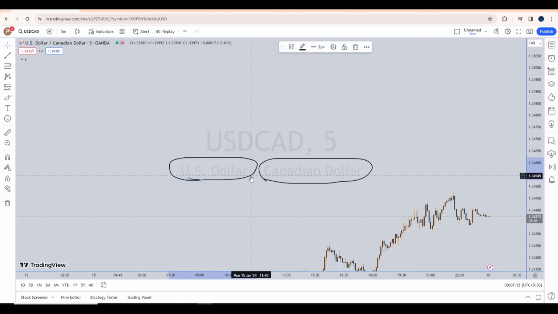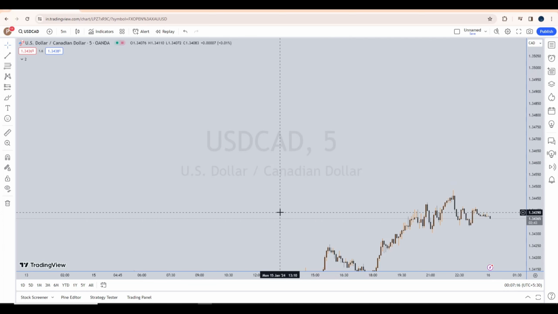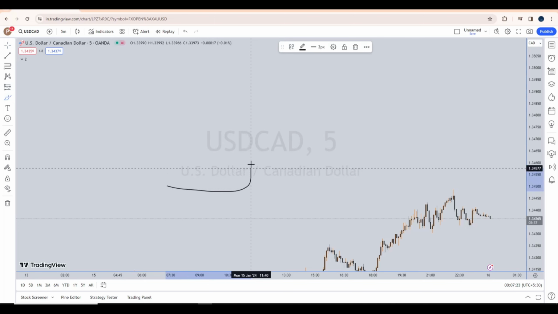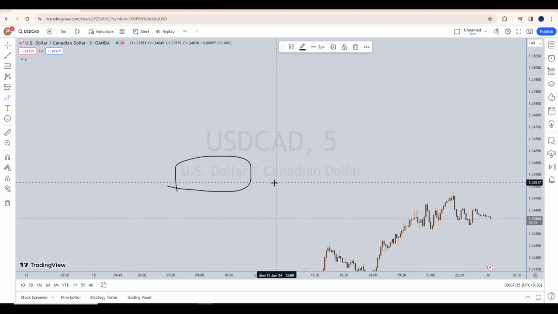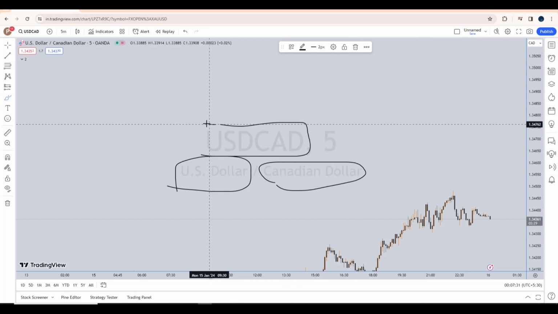In any currency pair, you will see two currencies which are derived from each other. The first currency here is the US dollar, and the second currency is the Canadian dollar. So USD CAD is a pair based on two currencies, and altogether it's called a currency pair.